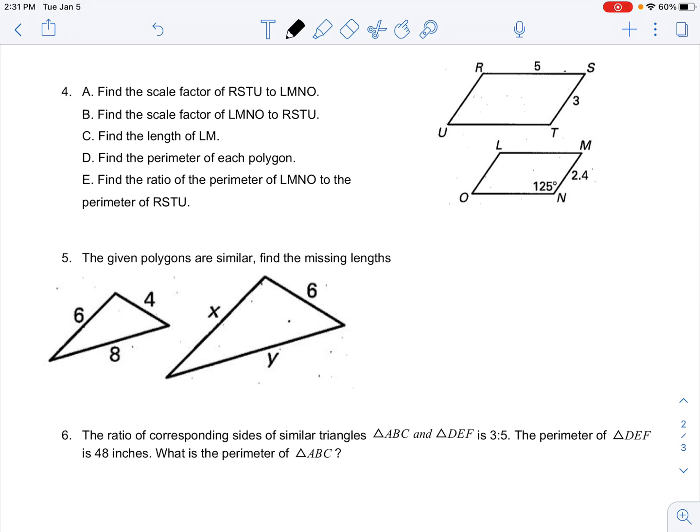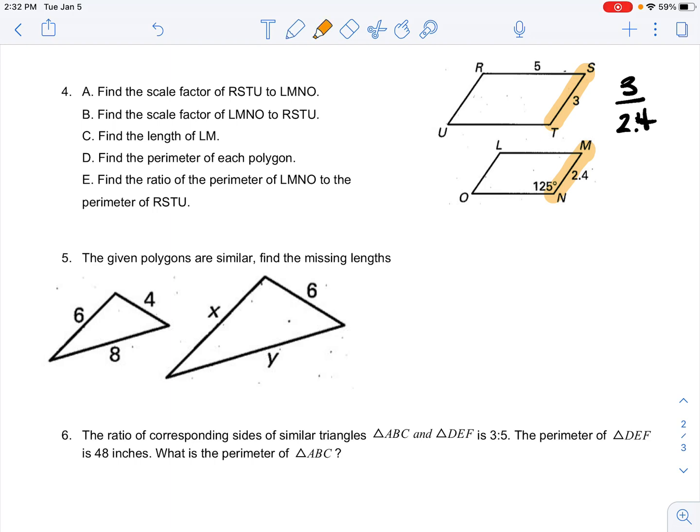Okay, so to find the scale factor, remember we're going to stack the two sides on top of each other and reduce. So we have 3/2.4, and we have to use these measurements because these are the corresponding sides. This corresponds with this. Why couldn't we use 5?